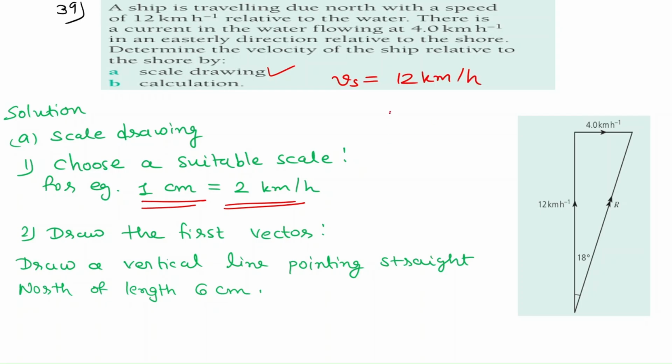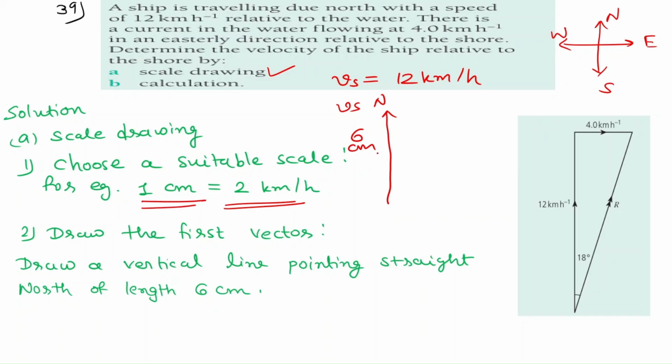So you have to just draw a straight line of 6 centimeter, because here we take a suitable scale: 1 centimeter means 2 kilometer per hour. So 6 centimeter means 12 kilometer per hour. Now let me first define the directions: north, south, west, and east. The ship is heading north. Now the current in the water is flowing 4 kilometer per hour in the easterly direction.